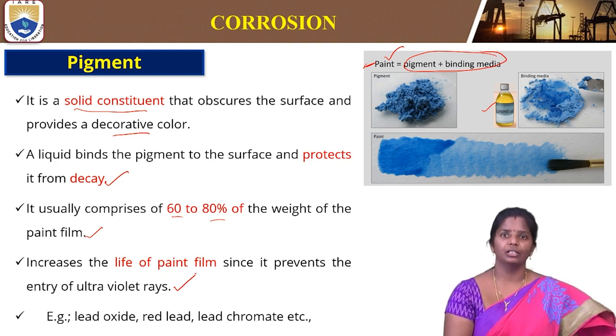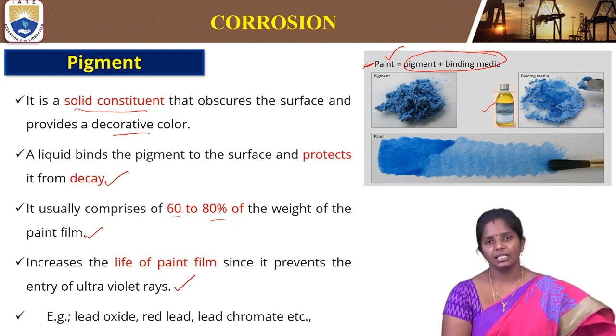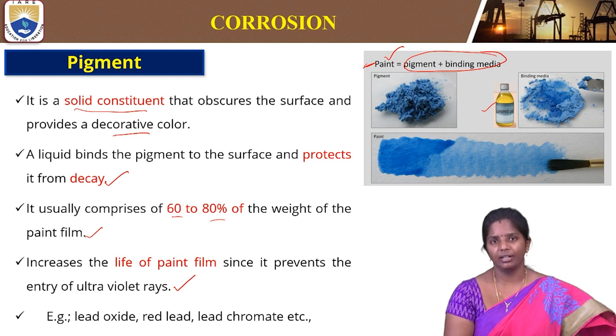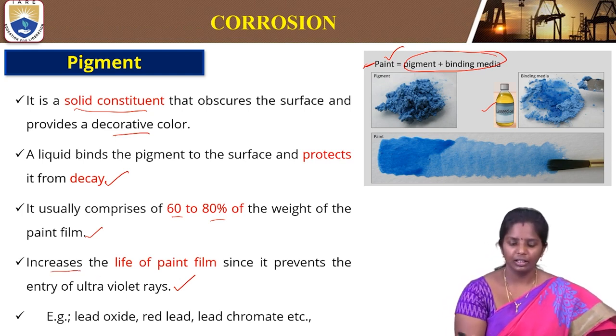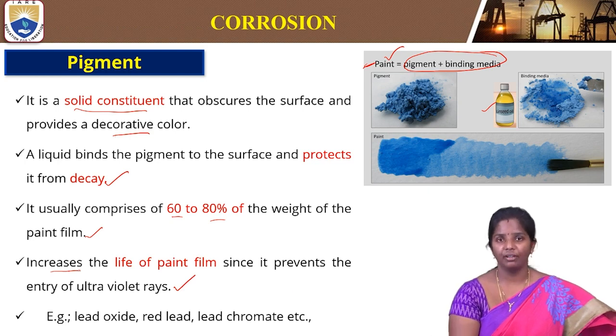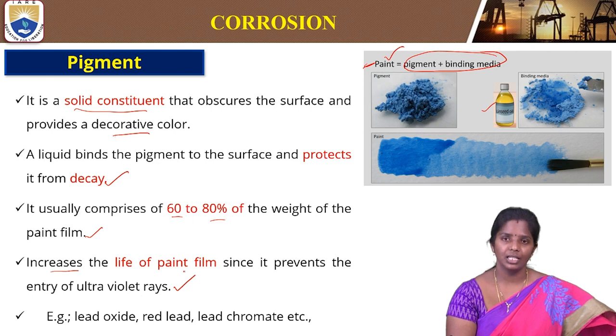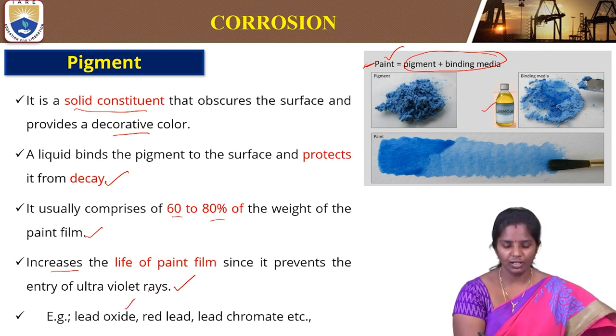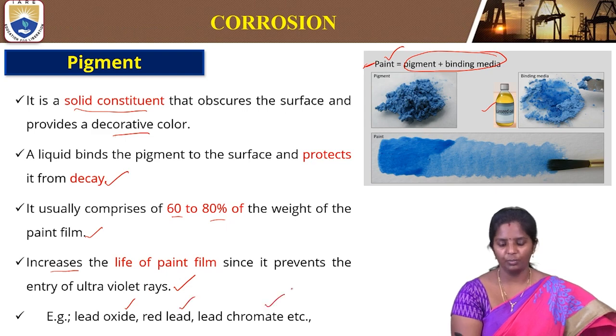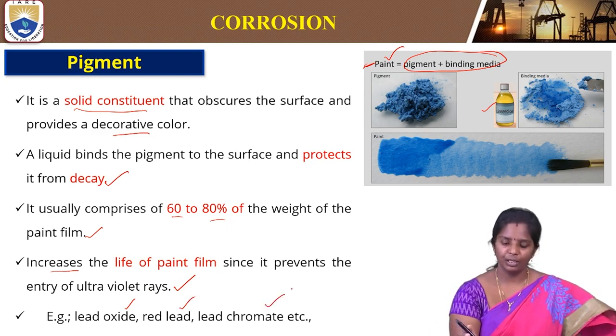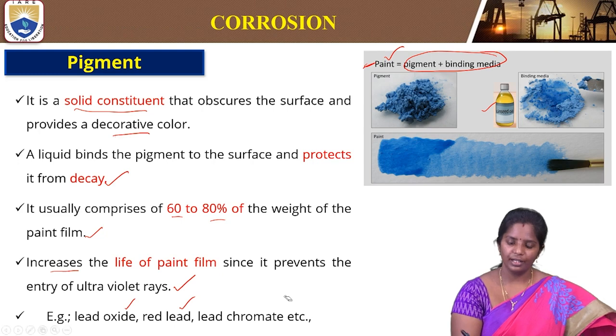Any type of pigment reacts with ultraviolet rays because of their high energy. So the base metal life is increased because the paint is exposed to ultraviolet rays and protects from corrosion. Examples are lead oxide, red lead and lead chromate. These are some examples of pigments used in paints.